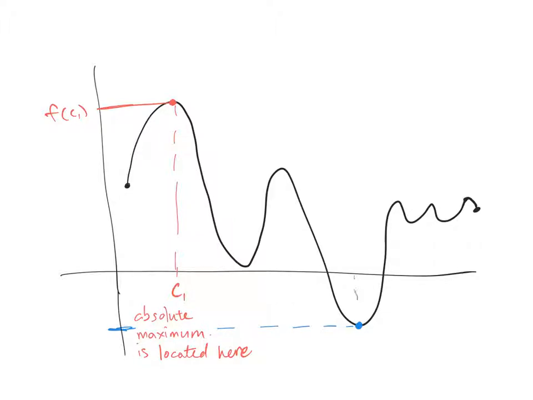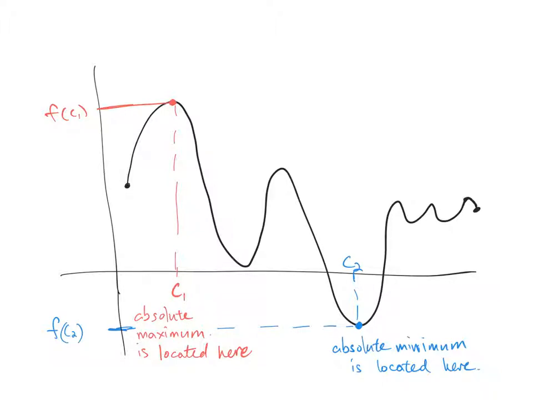Let's call this here C2. This is where the absolute minimum is located. And the absolute minimum would be what you get if you substitute C2 into the function.